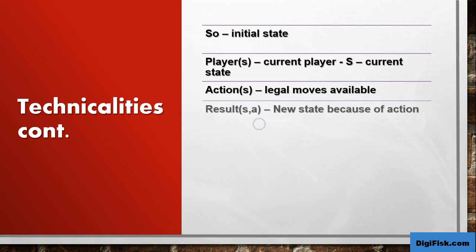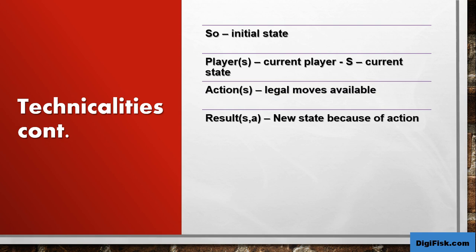The next is result of S, A. In a state S, player of S made a certain move which was described in actions of S, that I already told you about, right? Because of that, we'll have a new state on the board. And this particular state or result is depicted by result of S, A.